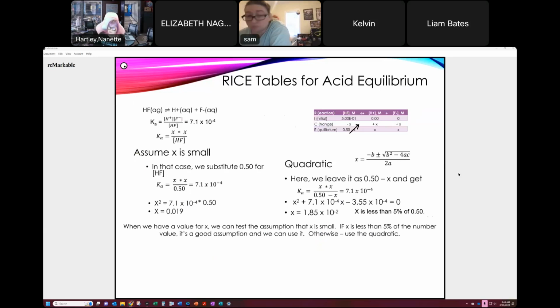Like, if our X is 1 times 10 to the negative 4th, with sig figs, it won't look like the equilibrium is different at all from the initial, will it? That's correct, and that's why we ignore it. Okay, that makes total sense. I just wanted to make sure that my lab sig figs were right. You're absolutely fine.